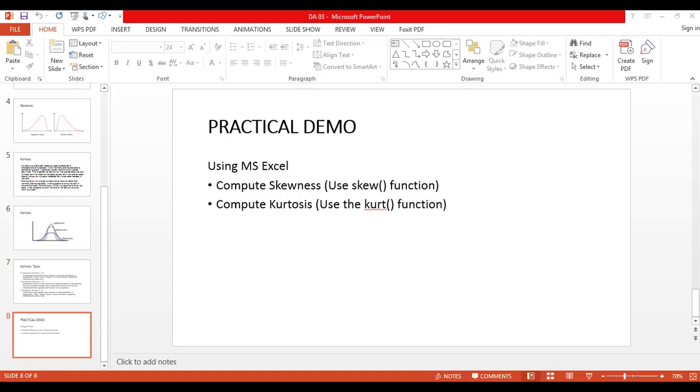I think we have relative reference, absolute, and mixed reference. Okay. We have relative referencing. We have absolutes.